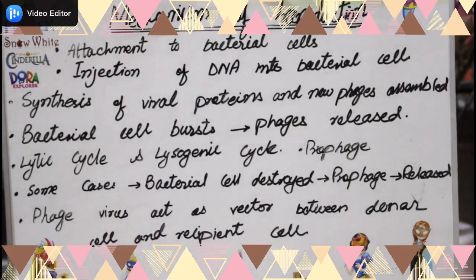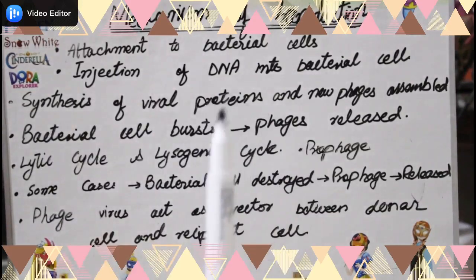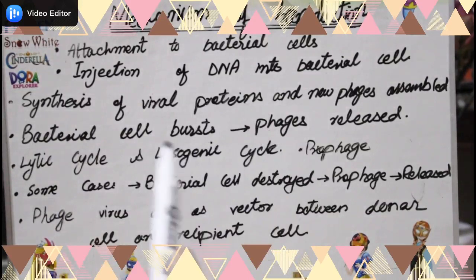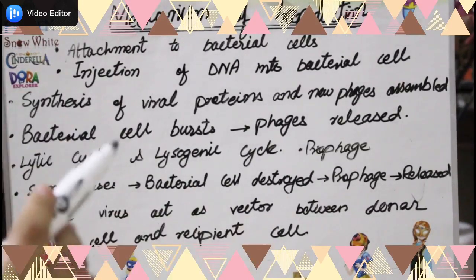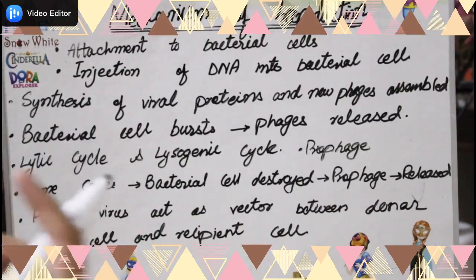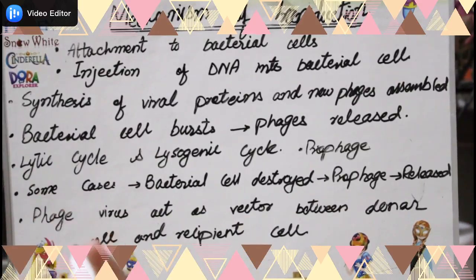I am going to discuss generalized and specialized transduction in the next episodes, so stay tuned for these important and helpful videos. They get a change in the chromosomes, and in this way the bacterial cell gets changed, its DNA and chromosome are changed, and variety is changed. In this way the phage acts as a vector.